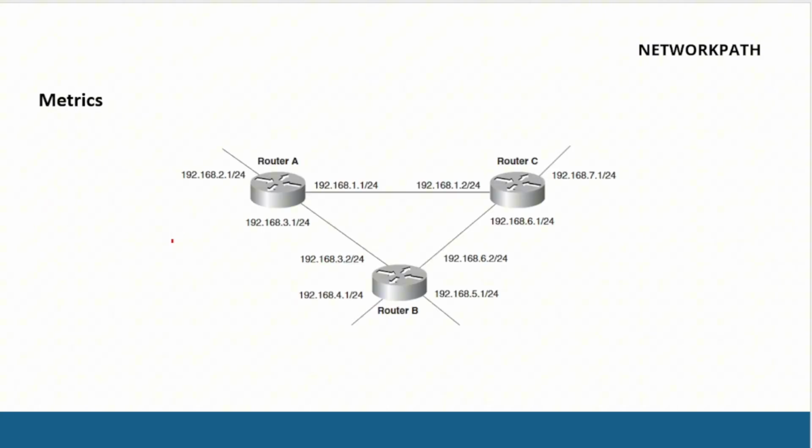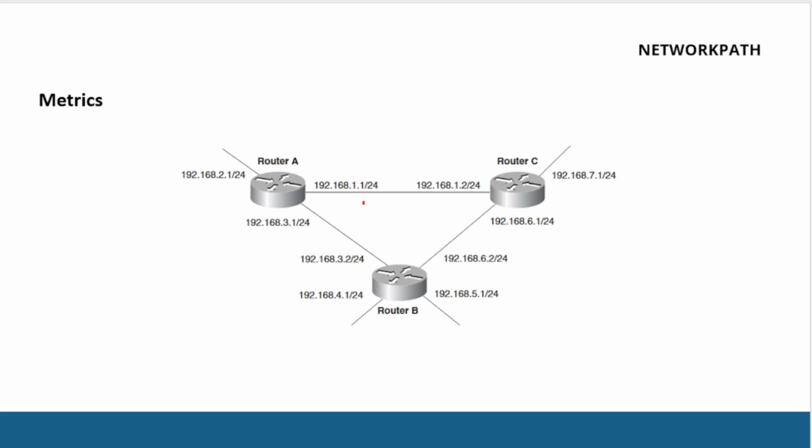If you use Routing Information Protocol, RIP, it states that the fewer the number of hops, the more optimal the path. So if router A is looking to reach 7.0/24, it has this one hop path and this two hop path. Basically it will choose the path with only a single hop.